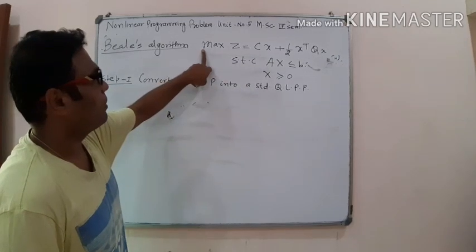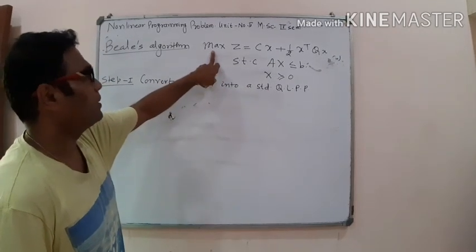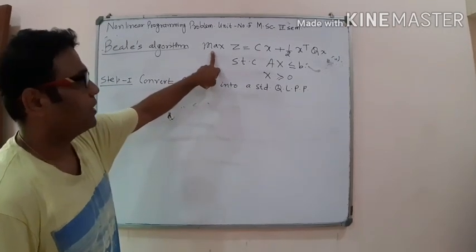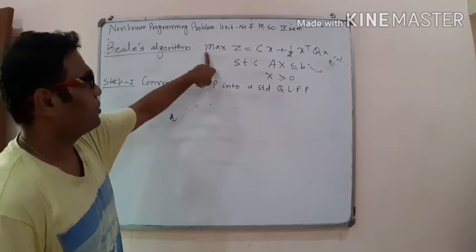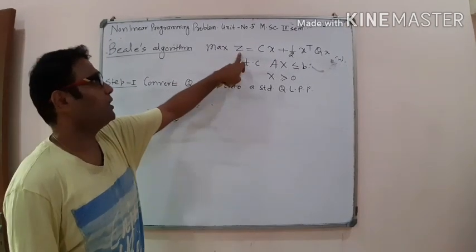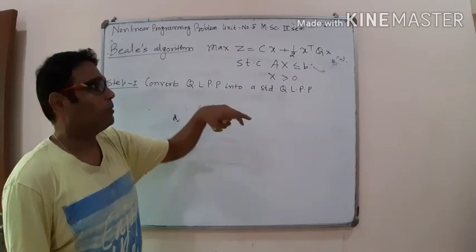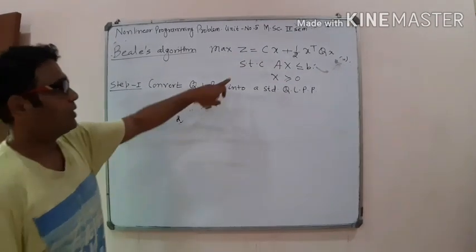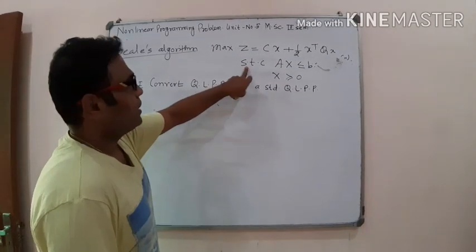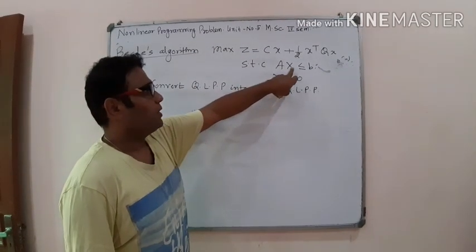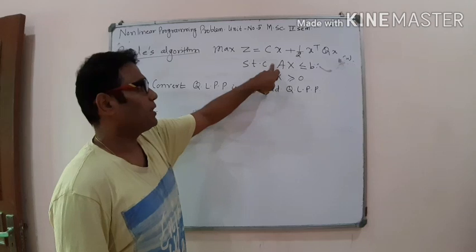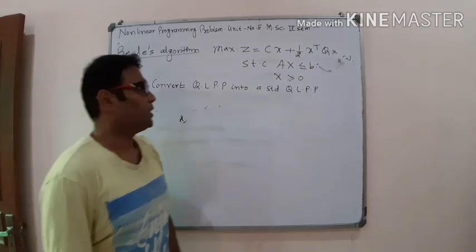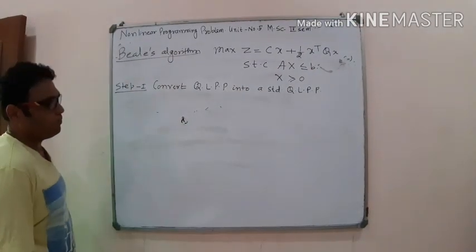First of all, our problem should be a maximization. If it is a maximization problem, then there is no problem. If it is a minimization, in that case we change it into a maximization by multiplying the objective function by a minus sign. The constraints should be less than or equal to. If not, then we multiply both sides by a minus sign and it will be converted into the less than or equal to format.